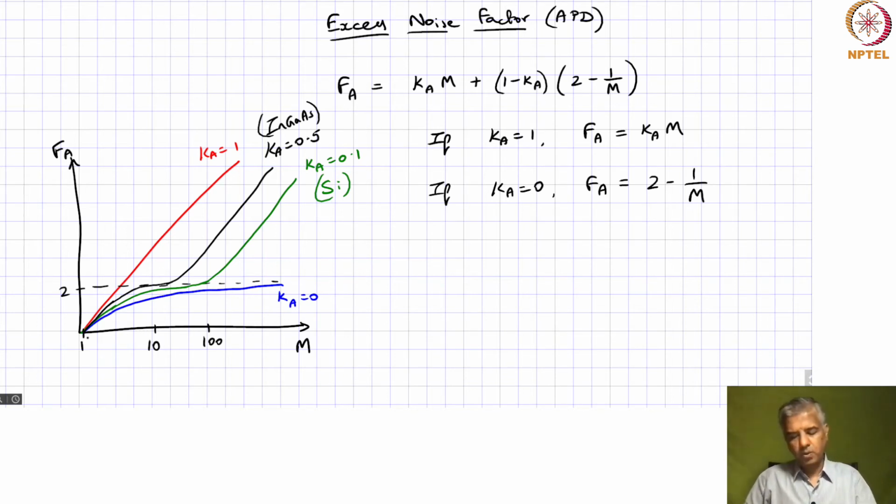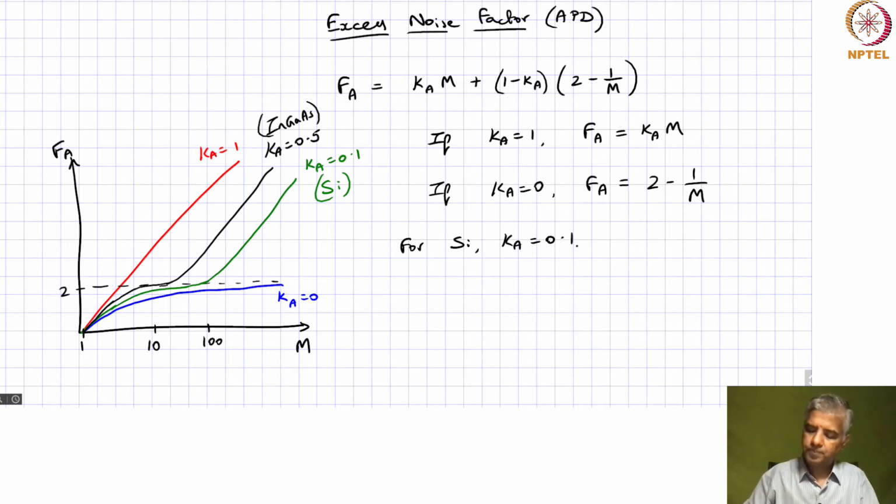Okay, so let's actually write it out. So if you talk about silicon, Ka equal to 0.1, right, and what we find is this: the multiplicative gain until which you can improve your signal to noise ratio, or the multiplicative gain beyond which the signal to noise ratio is not improving, or it's only going to start degrading, is what you call the optimum gain.